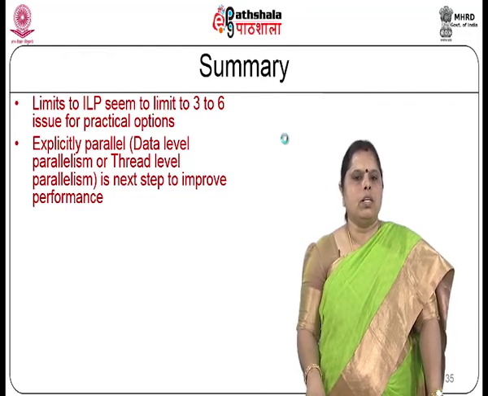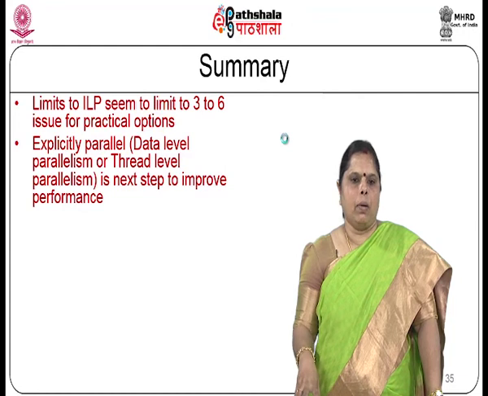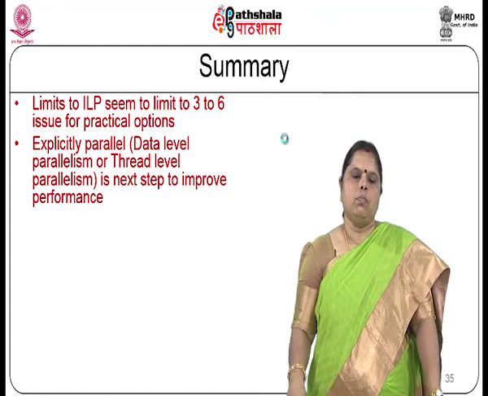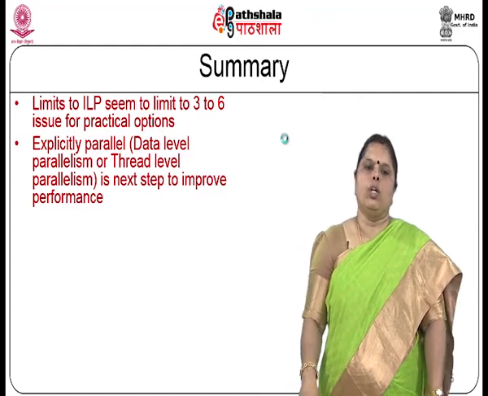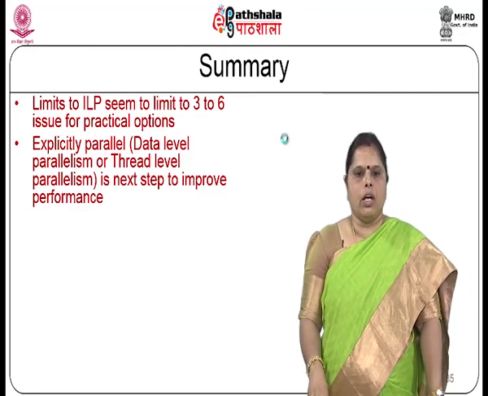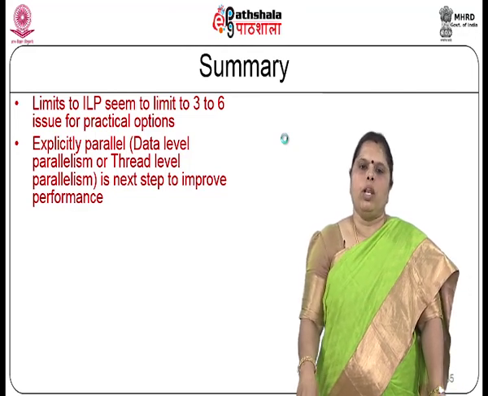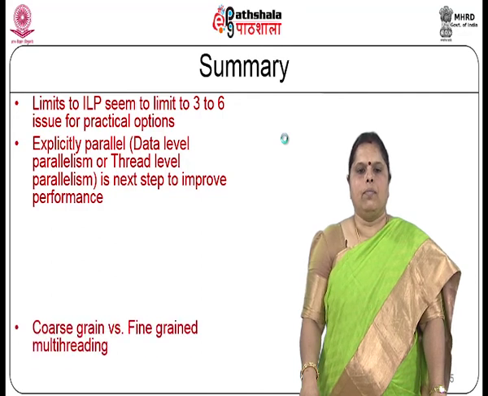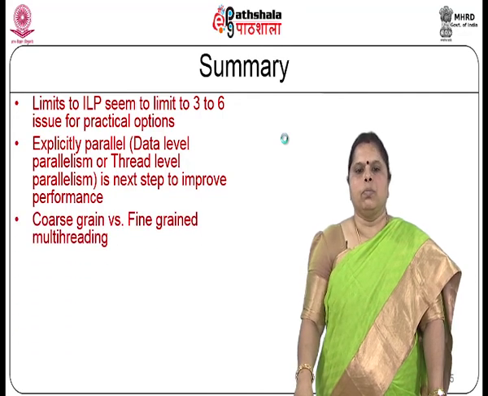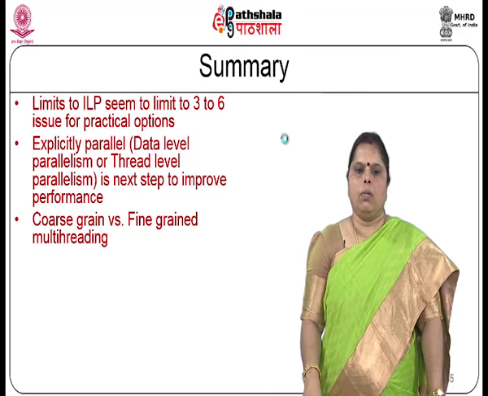So, explicitly parallel data level parallelism or thread level parallelism has to be harnessed in order to improve performance. You cannot really look at only ILP, we will have to harness thread level parallelism and data level parallelism. So, we concentrated on thread level parallelism here.